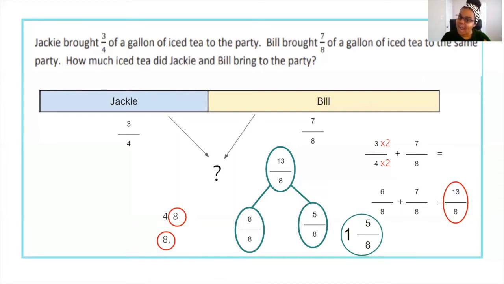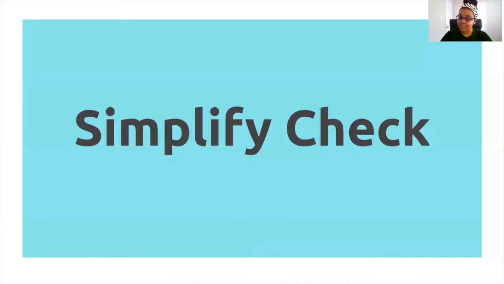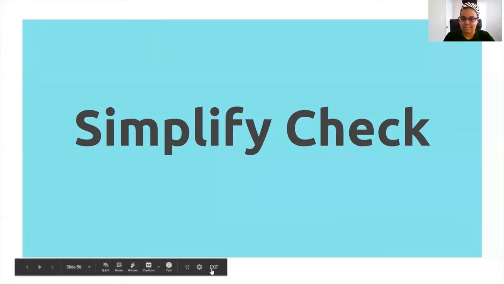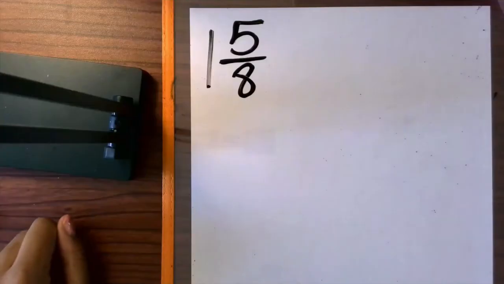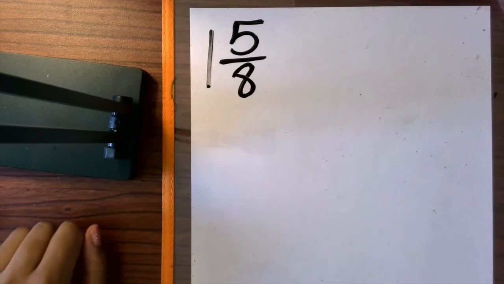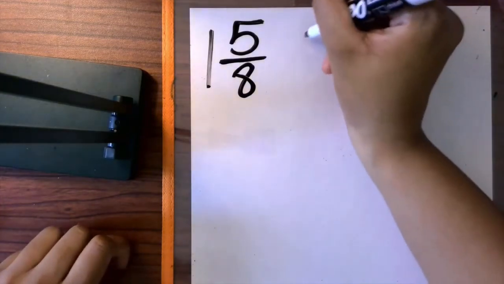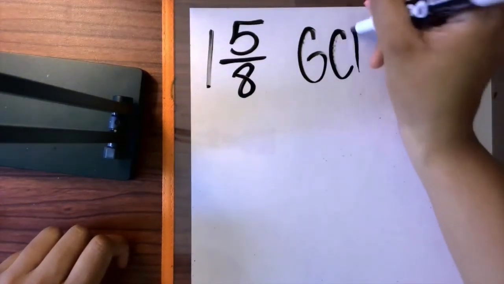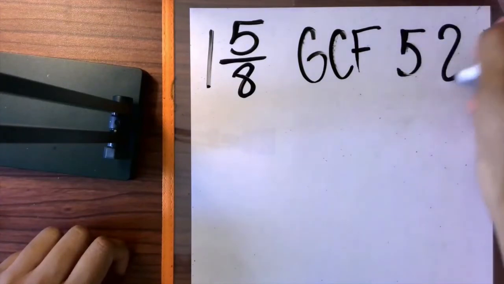Now, before I confirm that as my final answer, I need to do a simplified check. I need to check and see, can this fraction be simplified any further before I move on to the next problem? So let's check and see. I'm now checking to see if I can simplify 1 and 5/8. To do this again, you need to find the greatest common factor of 5 and 8.